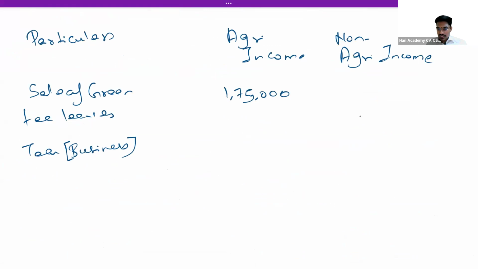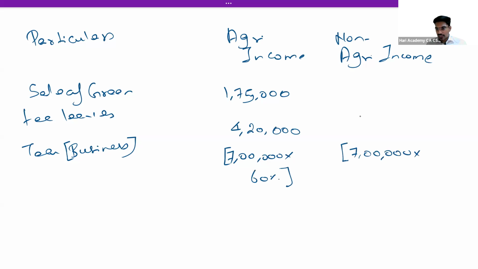So 7 lakhs into 60% is agricultural income, 4 lakhs 20,000. And non-agri income is 40%, 7 lakhs into 40%, 2 lakhs 80,000 is non-agricultural income.